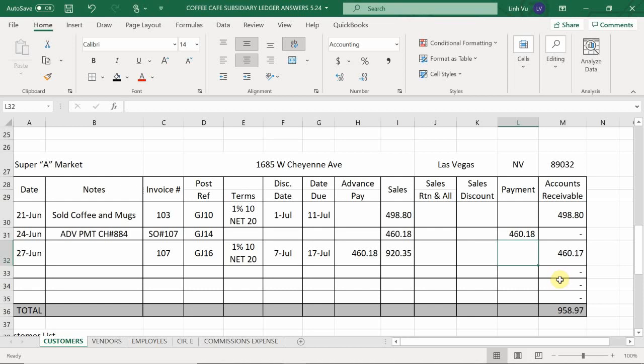Then that should show that they only owe the 460.17 on that invoice. That is correct. That's how much he owes us on that invoice. And he still owes us for the previous invoice, invoice number 103. So there you go.